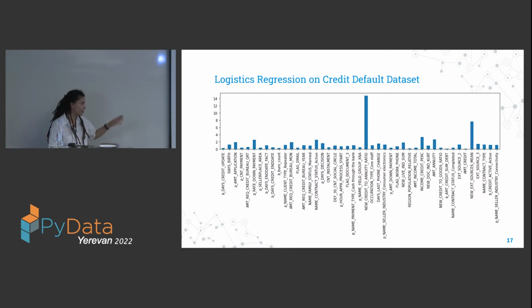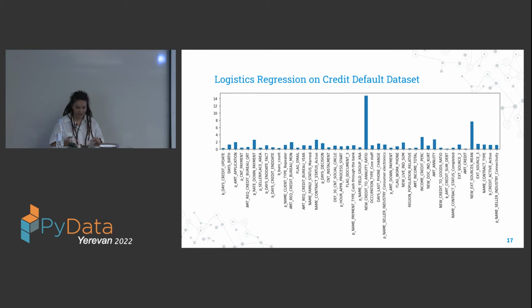We can see the odds ratio of the features, and the most important feature is the credit to annuity ratio. Of course, if you're applying for a loan, then comes the down payment rate. It is also one of the important features, and the mean of external sources, which is the money the applicants get from external sources.